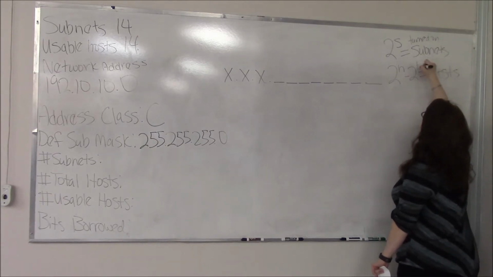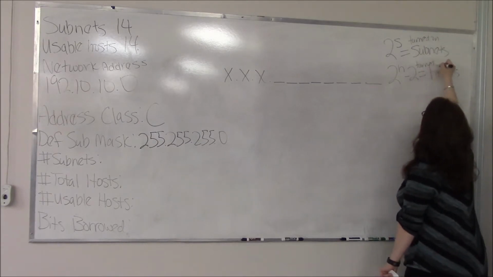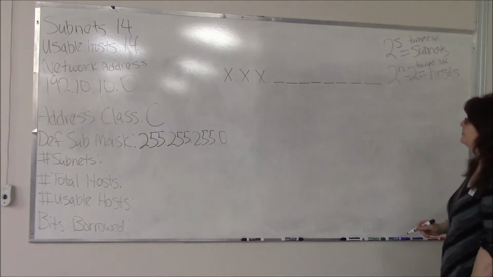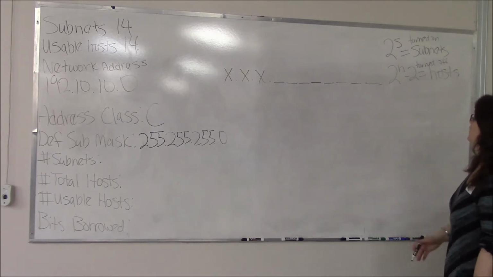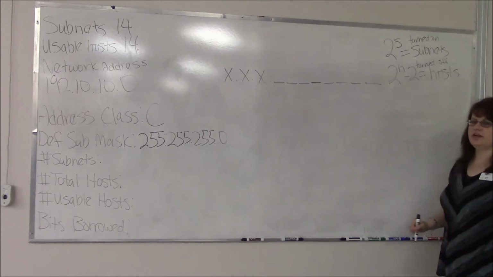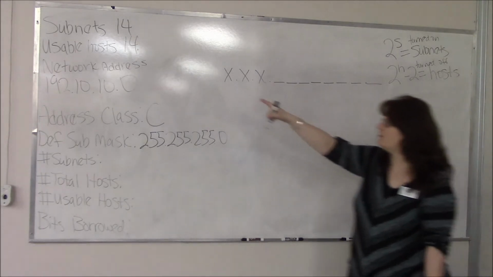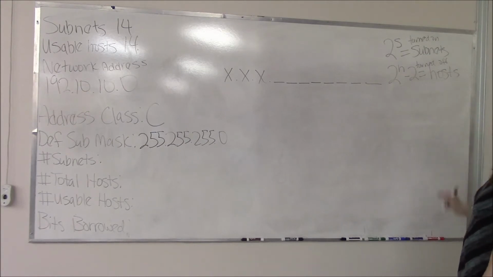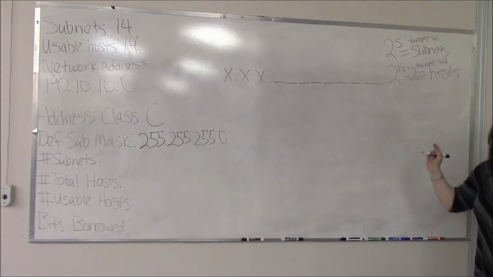The hosts were the bits turned off, as we talked about earlier this week. So I need to figure out what number I need to plug into those formulas to get those numbers up there. So 2 to the what equals 14, at least 14.